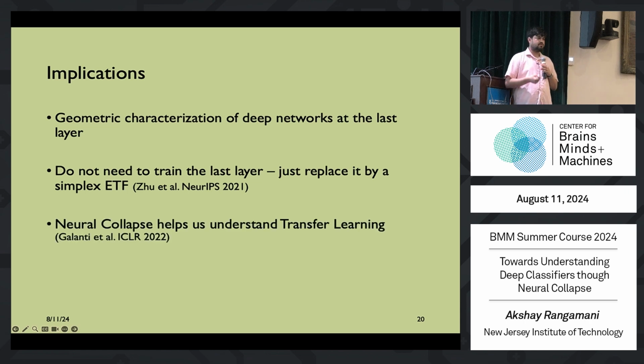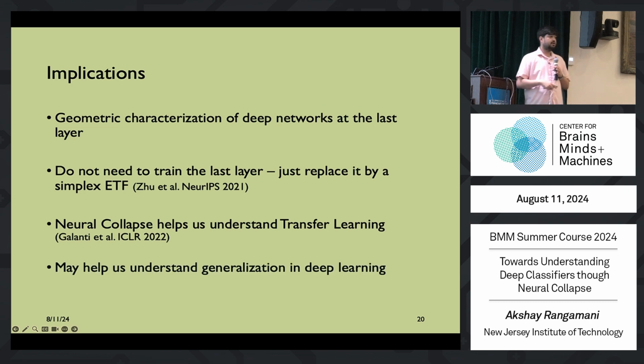Then Tomer's done some work on using the implications of neural collapse for transfer learning, and basically if you understand what the representations look like at the last layer, hopefully you can also trace that back down to understand which representations are good. And hopefully I'll get to this a little bit later in the talk. It might help us understand how generalization happens in deep learning.